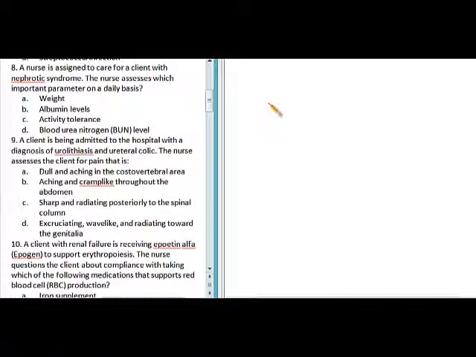Next, number 8. Nurse is assigned to care for a client with nephrotic syndrome. Nurse assesses which important parameter on a daily basis? When you say nephrotic syndrome, it's a condition wherein there is proteinuria, the urination of protein.